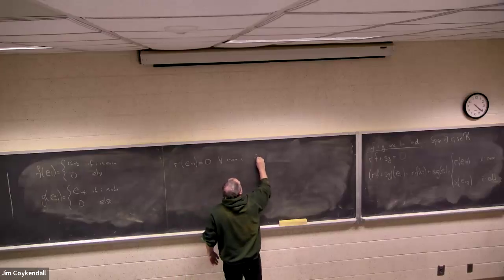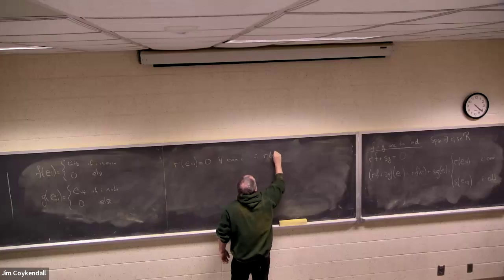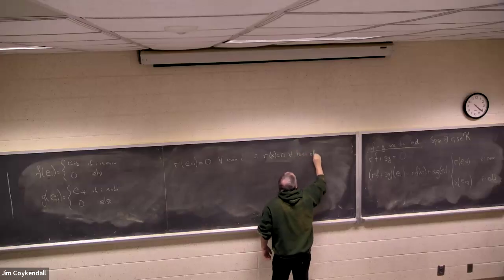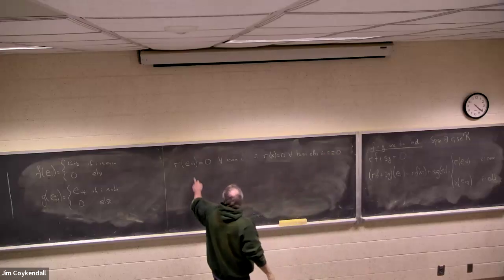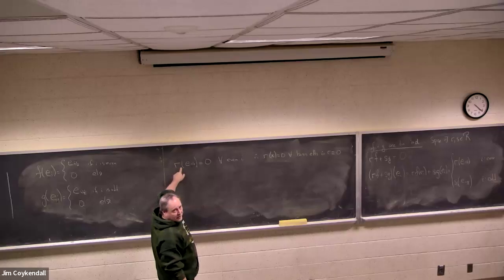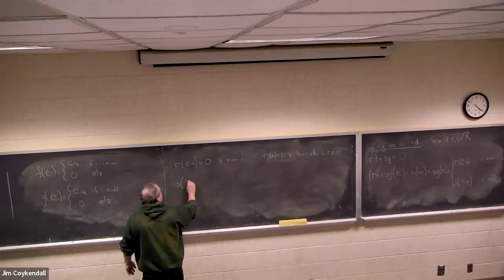Therefore, r of x is zero for all basis elements. Therefore, r is equal to 0, because as you go through all the even numbers, r is 0 on every basis element. It has to be the 0 transformation. And you've got something similar here.